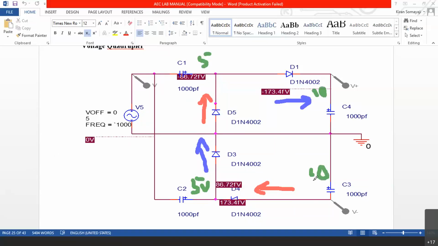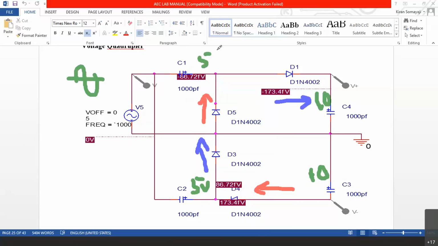As I told you earlier, when AC is coming this side, if this capacitor is charged, along with the AC, there is a superimposition of 5 volts DC because of the previous cycle when D5 was conducting.